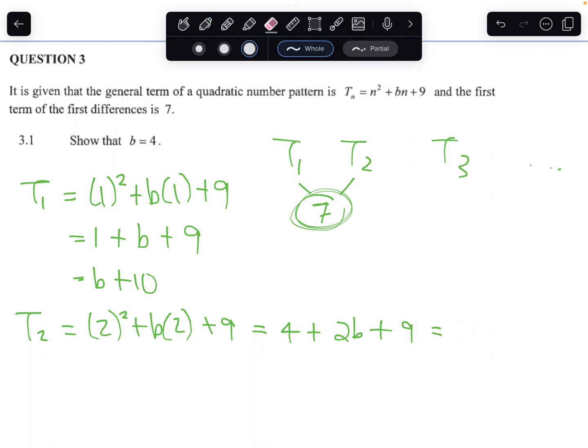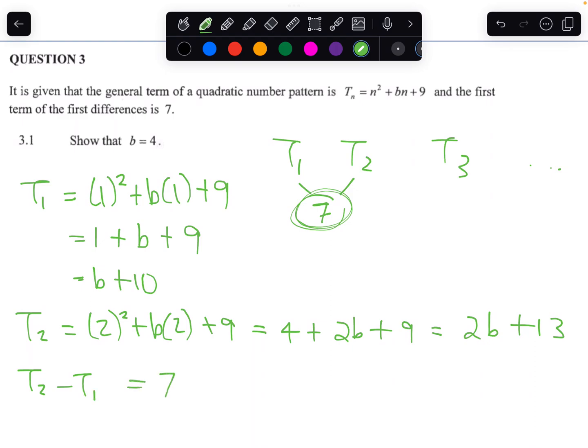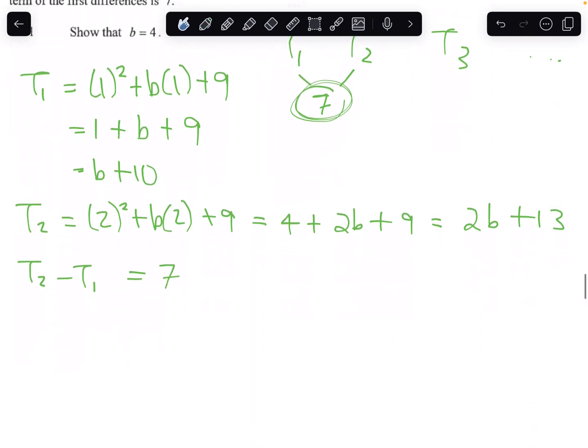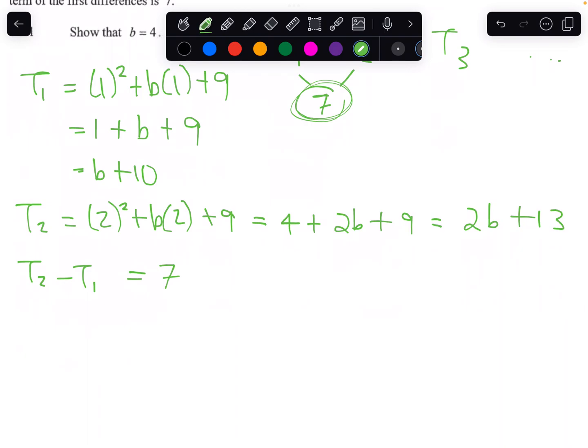Let me be consistent: that is 2b plus 13. And we're told that term 2 minus term 1 is 7. So we can write an expression for that difference using the expressions for term 2 and term 1.